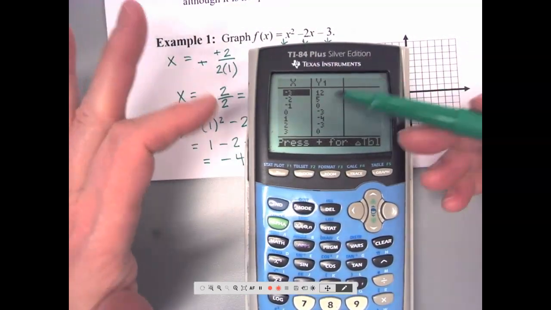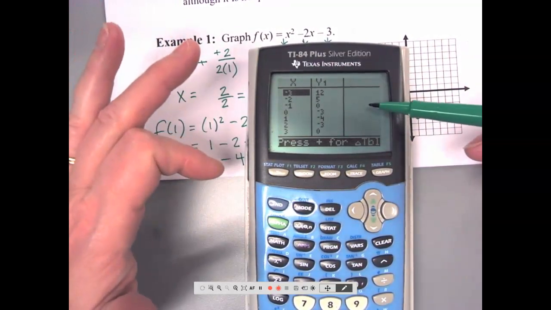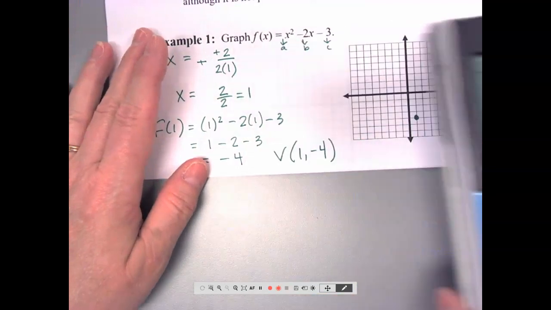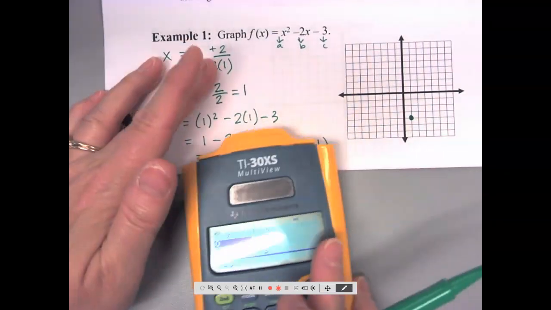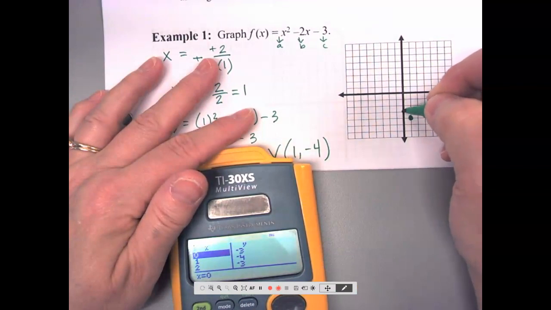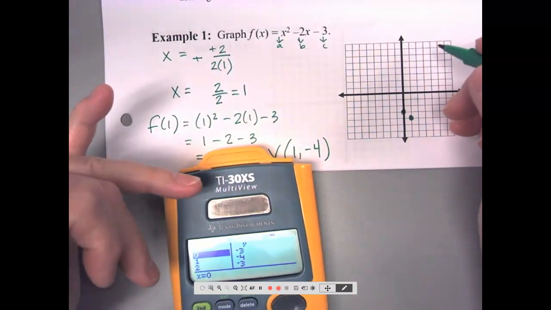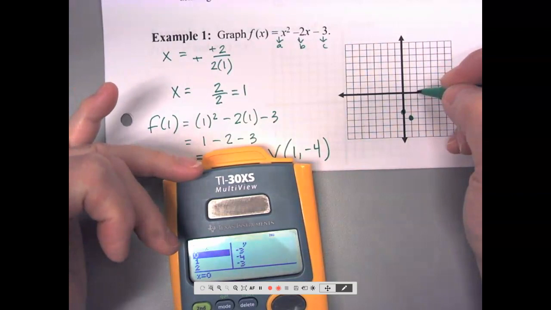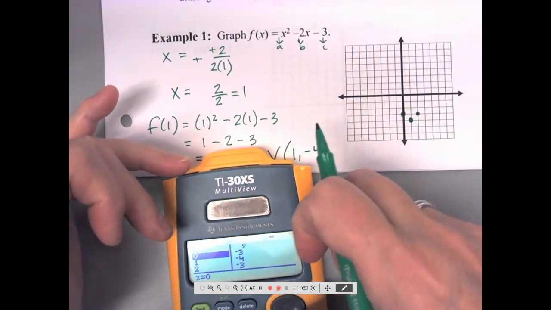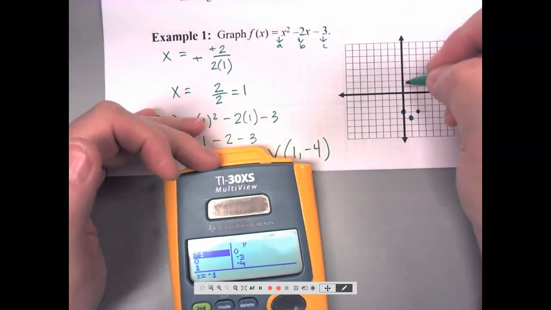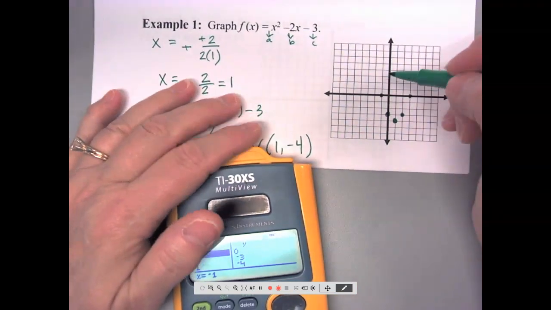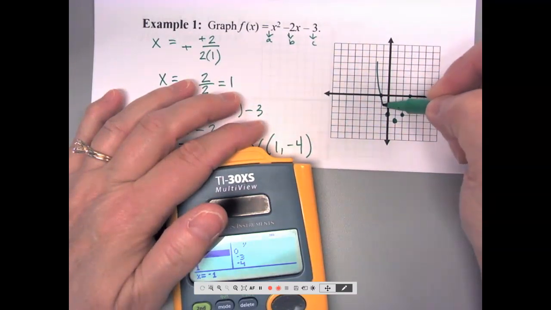Does anybody have anything really wonky in their table? Okay, so whichever calculator you're using, just pick a few. Let's see, I'm going to use that one. 1, -4, 2, -3. Okay, and then connect them.